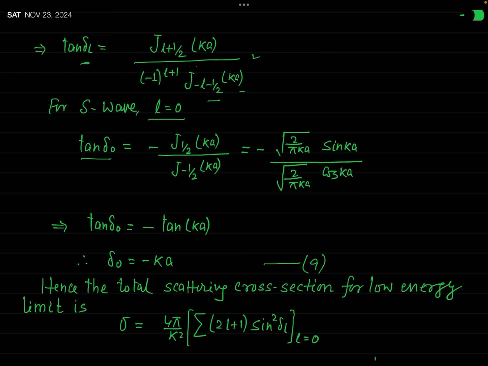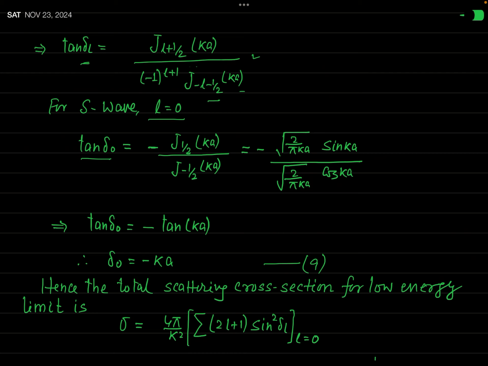Here 0 stands for L. And J of L plus half, L is 0, so this will be simply J of half of Ka, divided by minus 1 to the power L plus 1. But L is 0, so this is minus 1 to the power 1, which will be minus 1. So there is a minus sign here, you can see. And L becomes 0, so this is J of minus half of Ka.